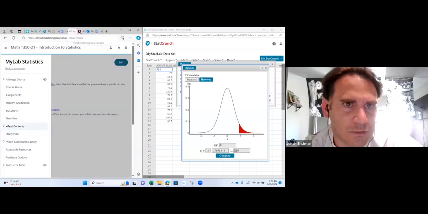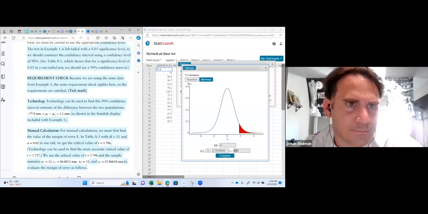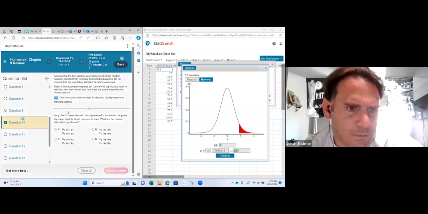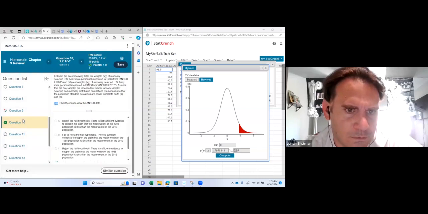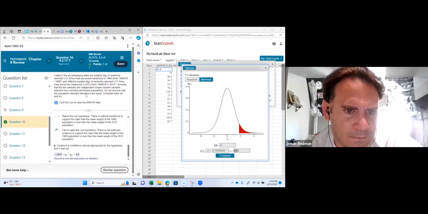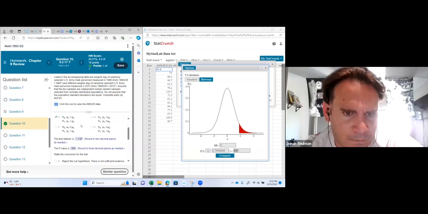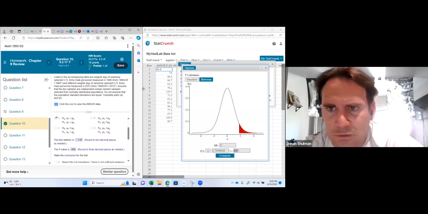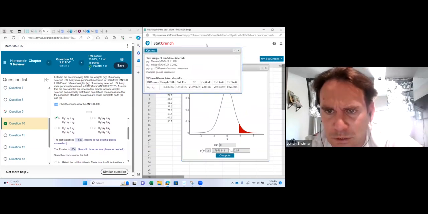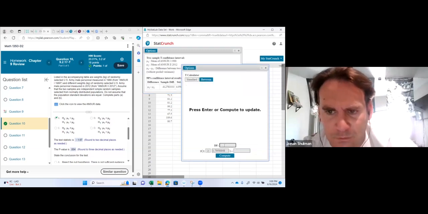So let's go right back to that problem we did. All right. Now we got this t statistic, right? Now our degrees of freedom is different for this. So let's look at it. Our degrees of freedom is 25.